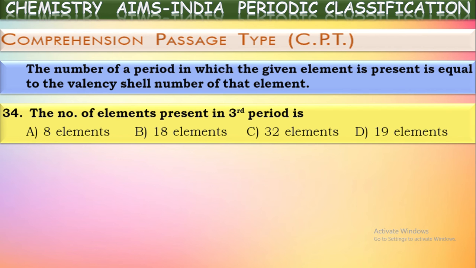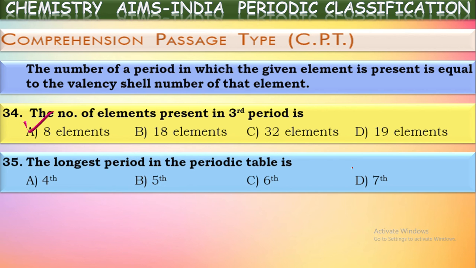So it is called the very short period or shortest period. Now the second and third periods have 8 elements each. So they are called short periods. The same they are asking here. The third period contains 8 elements. Right? Next one. The longest period in the periodic table.